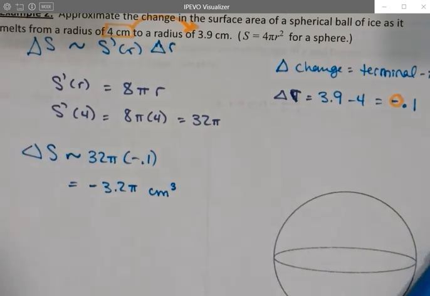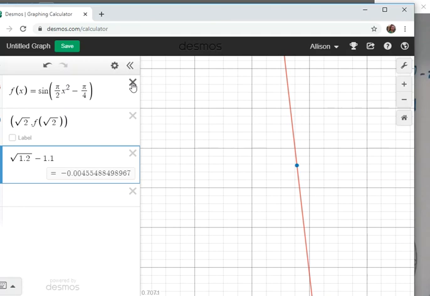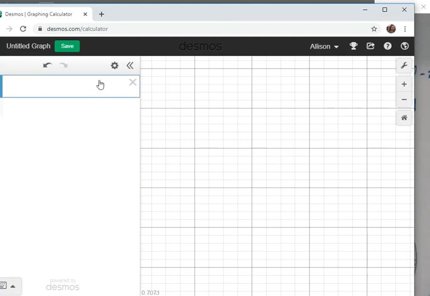And if I get a decimal, negative 3.2 times pi is approximately negative 10.053 cubic centimeters.